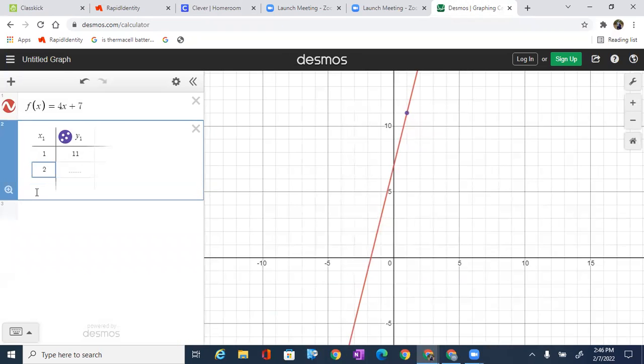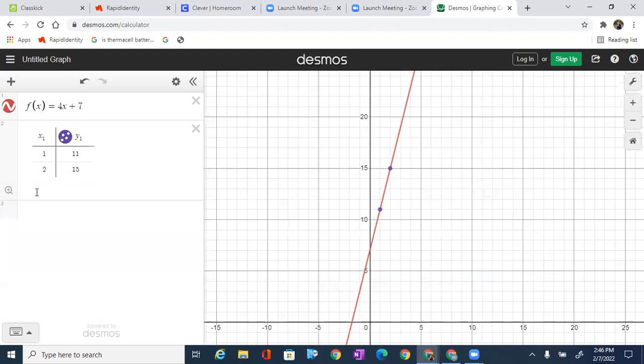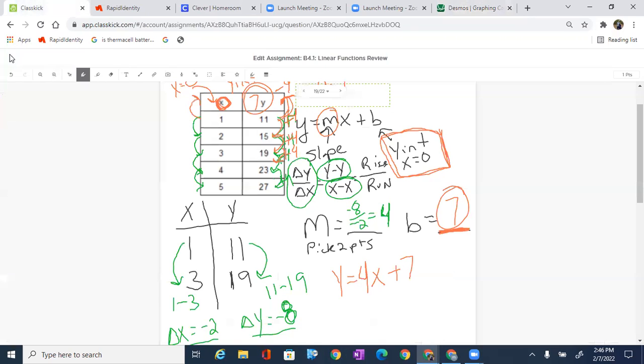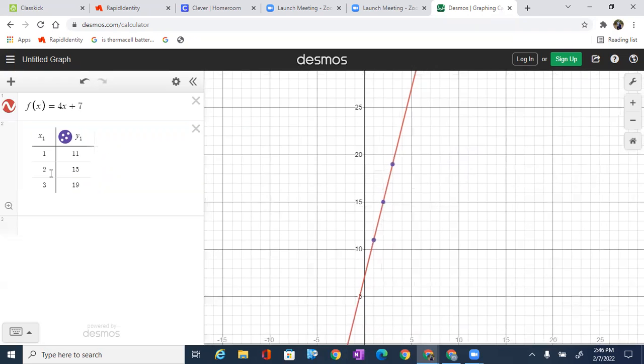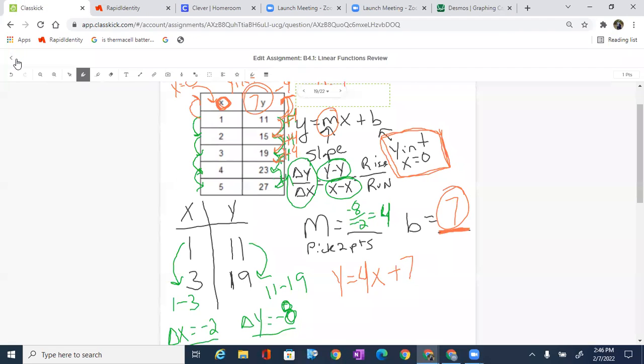Notice what's happening. Those points are lining up. 3, 19, and they all line up. That is verifying that the equation of our line is correct, because these points and that line all line up perfectly with each other.